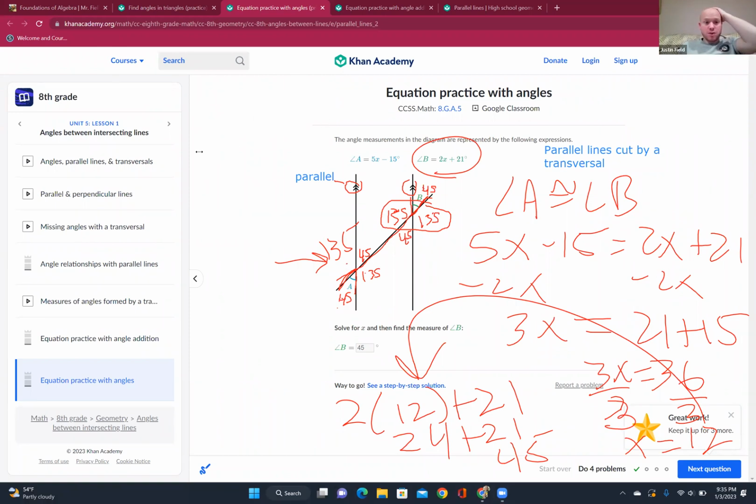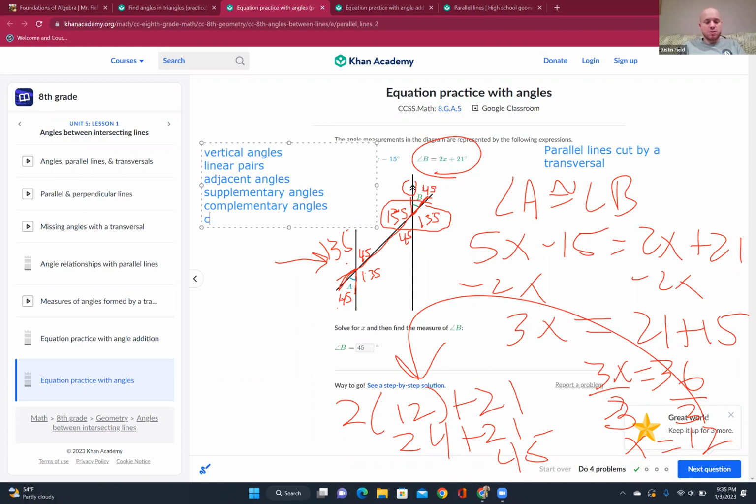So I want you to look up and come to class with the definition of vertical angles, linear pairs, adjacent angles, supplementary angles, complementary angles, corresponding angles, alternate interior, alternate exterior, and the last is same side interior, same side exterior.